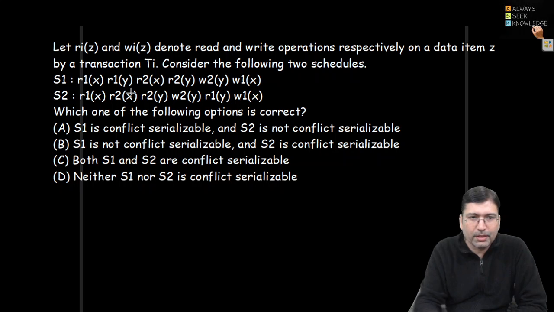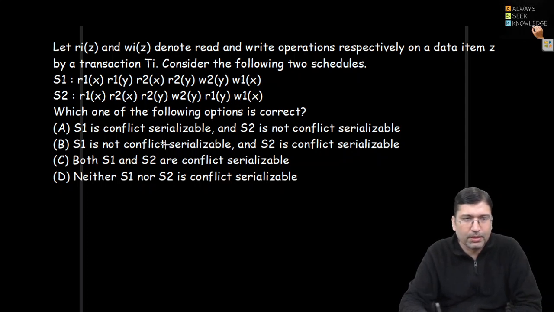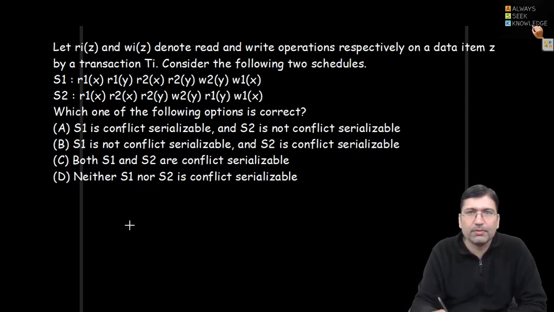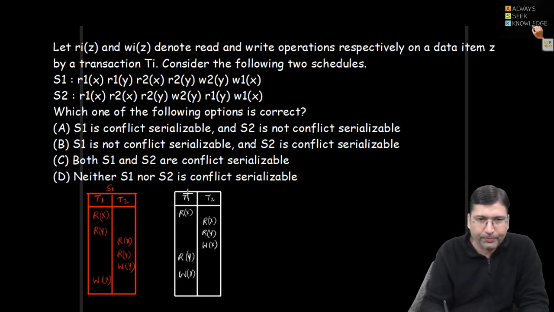There are two schedules given, S1 and S2. Which one of the following operations is correct? S1 is conflict serializable, so we need to check in the same fashion which we have done in the previous one. So let's draw. Okay, so this is S1 and this is, let's say, S2 schedule given over the transactions T1 and T2. So the sequence is given.